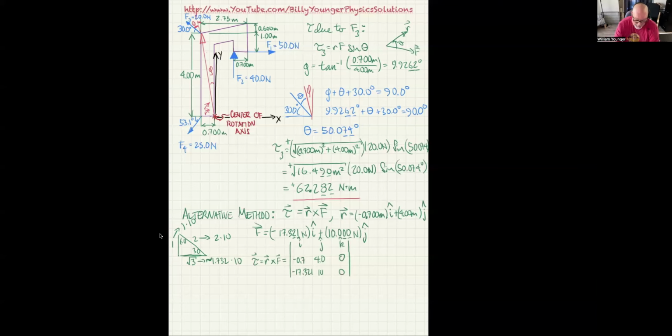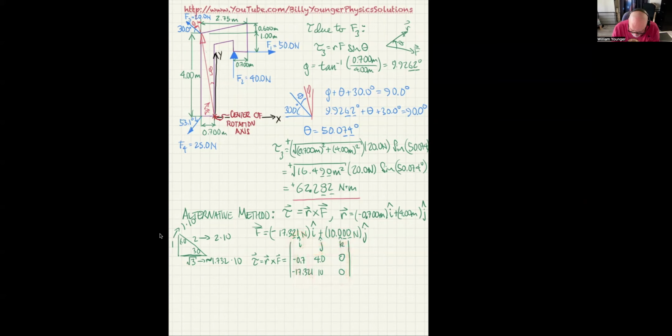Now, the way that we usually teach this in the physics class is we imagine expanding this determinant along this row. We start off using this i hat, then we use j hat, and then we use k hat. When you choose to expand in terms of i hat, you take the i hat, and that eliminates that row and that column, so all you're left with is this little matrix over here.